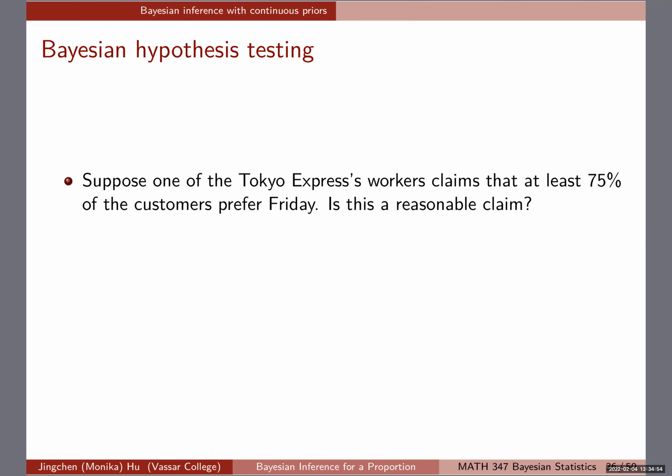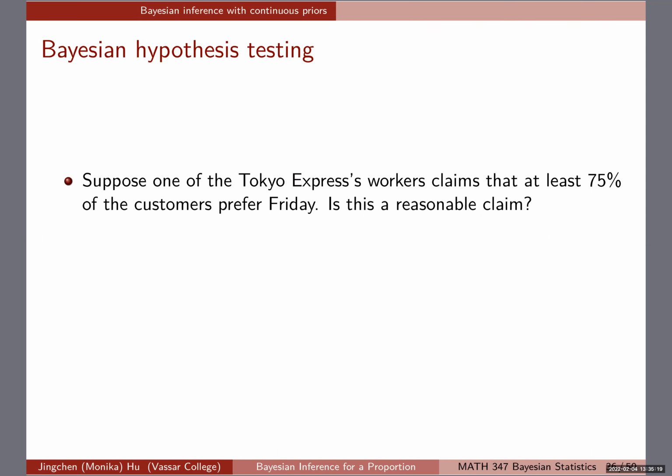If you remember, in the discrete case, we were just adding up those rows where p is greater than or equal to 0.75. When we're dealing with a continuous prior, which we're going to focus on right now, we already know what the beta posterior distribution is, with the new a and the new b. With that, we should be able to summarize the posterior probability that p is greater than or equal to 75%.